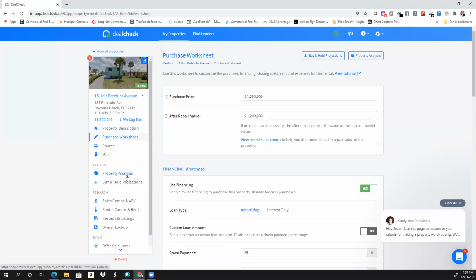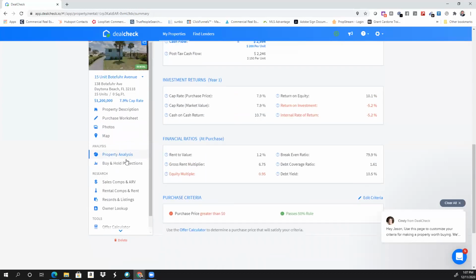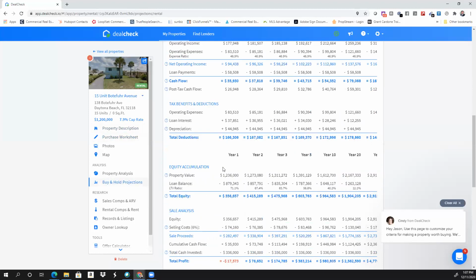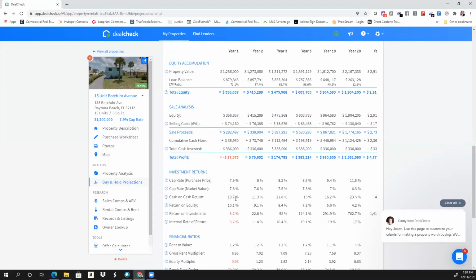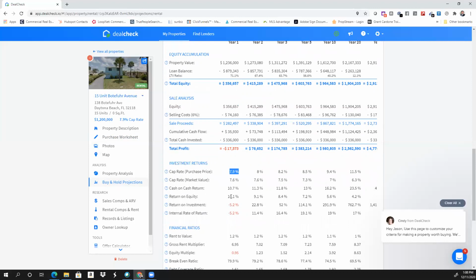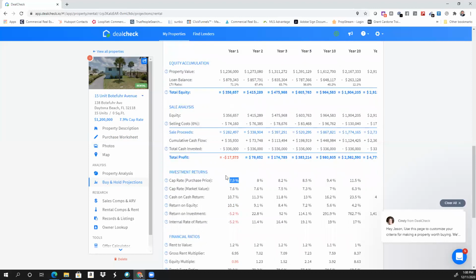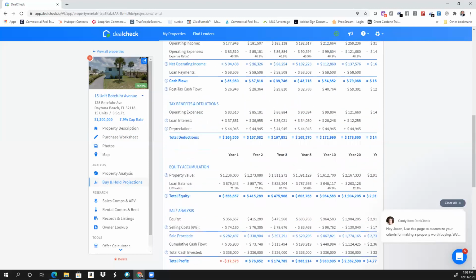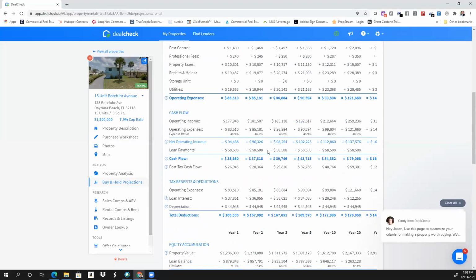You'll see now the net income goes up a little bit, and then you'll see the cash on cash metric. So right here, now it's a 10% cash on cash. You see your 7.9 cap rate. All right. Equity in the deal, 350. So if you have your calculator on you, look at that.